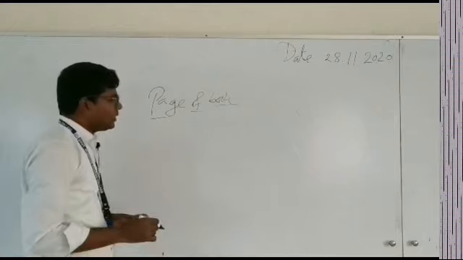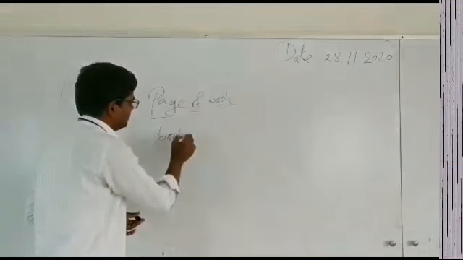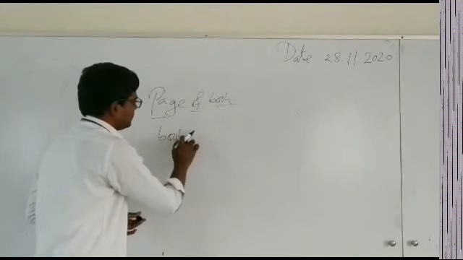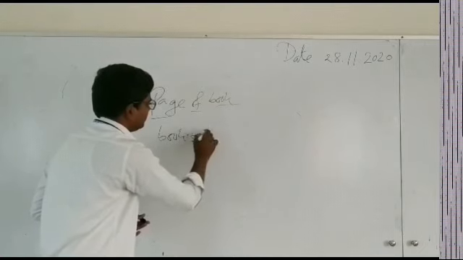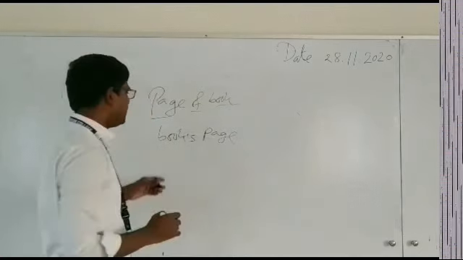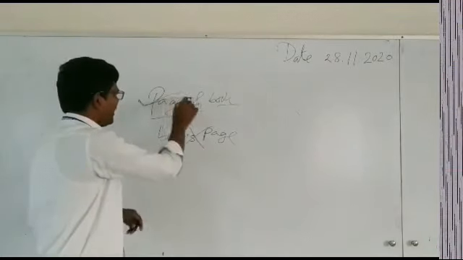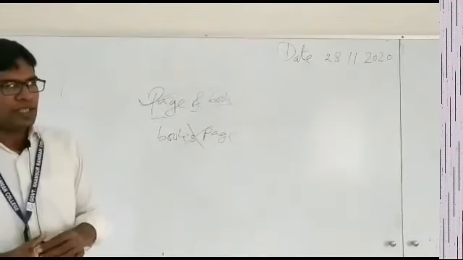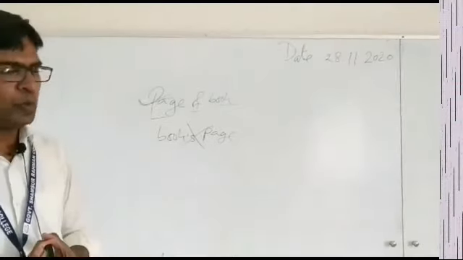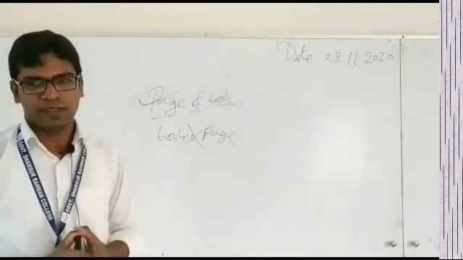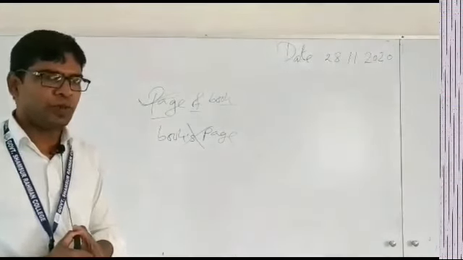Book is a lifeless thing, so we cannot use book's page. We cannot use book's page. We have to use page of book. This is incorrect. This is correct. So, dear students, in case of a lifeless thing, if we want to form the word into possessive, we have to use of. I think it is clear to you how we can form a word into possessive form.